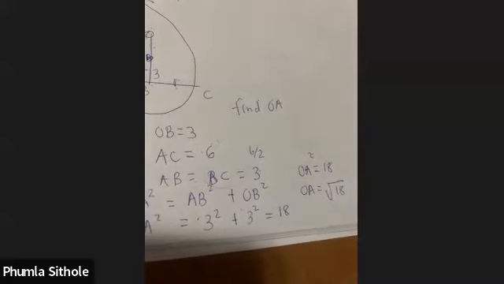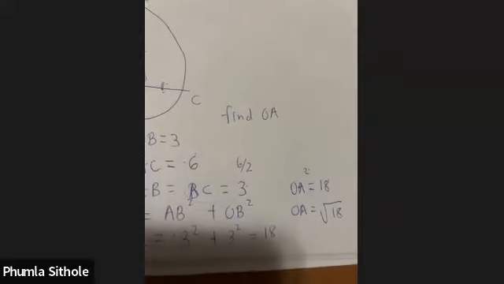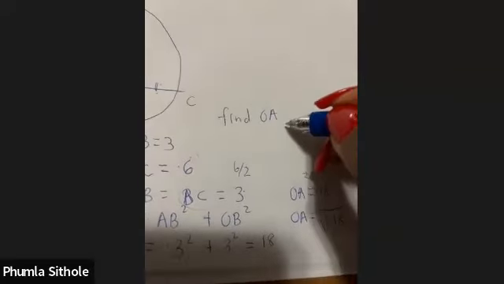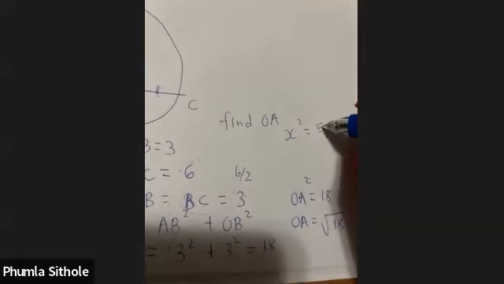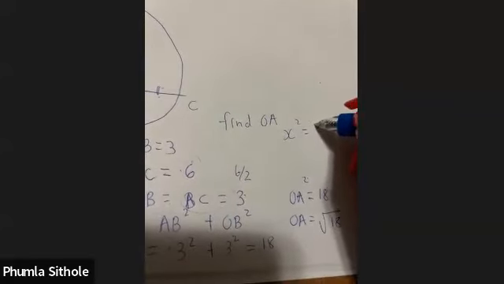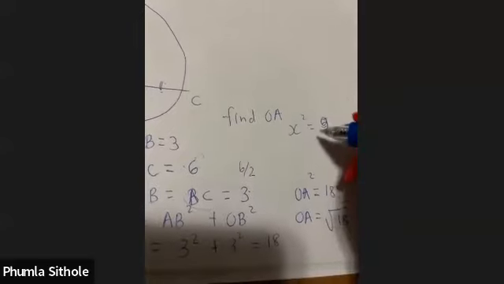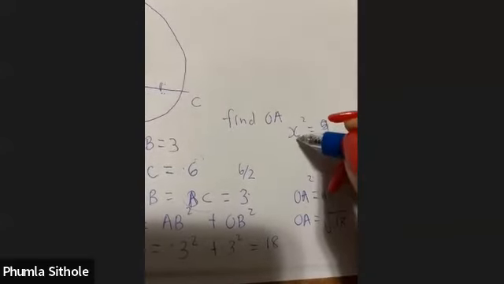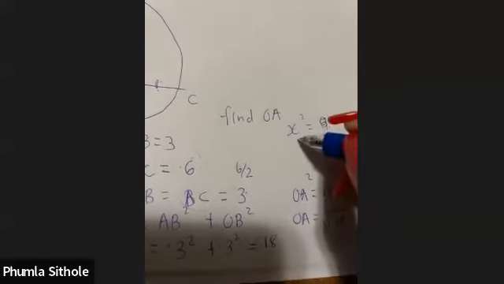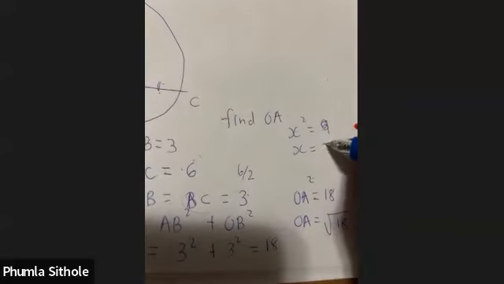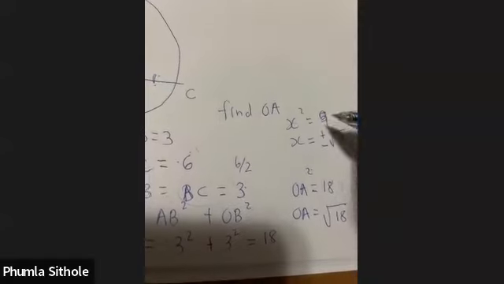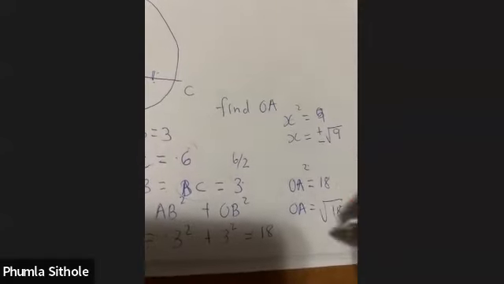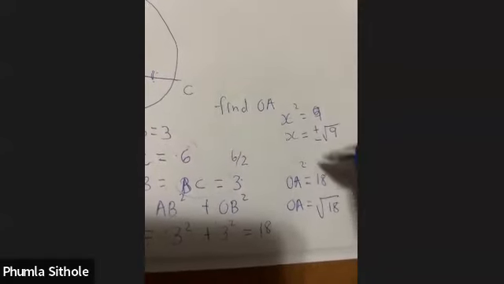So usually when you are dealing with square roots, there's a rule that says, let's say you have x squared is equal to 5, or let's say 9, the number with the square root. Usually when you have this type of form, you usually say x is equal to plus or minus square root of 9. In this case, you don't do that because you are dealing with the distance. There's no need to do that.